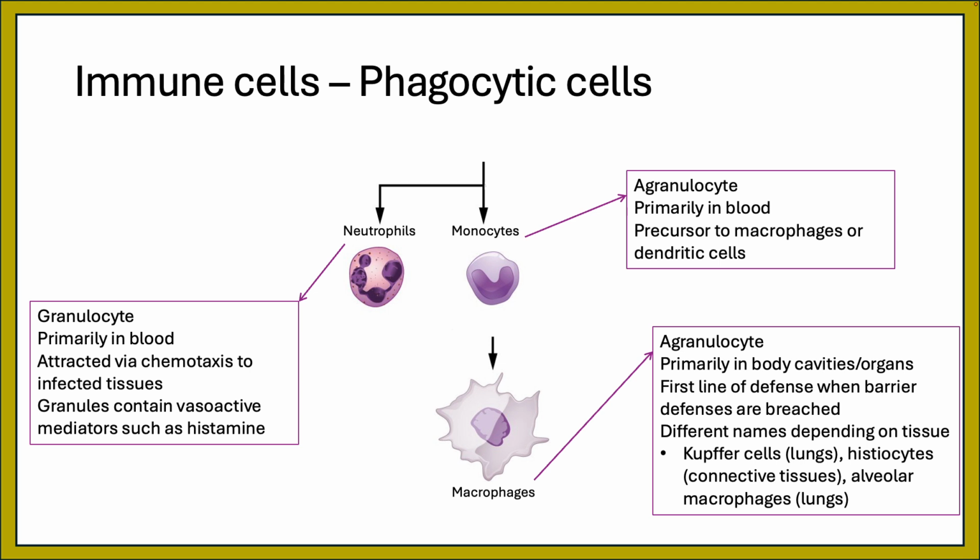The macrophages are going to be found more in the body cavities and organs, while the monocytes are going to be found more in the blood. Now, the macrophages may have different names depending on what tissue they're in. So you have things like Kupffer cells in the liver, alveolar macrophages in the lungs, histiocytes in connective tissue, as well as many other different names for the macrophages, just depending on where they are.